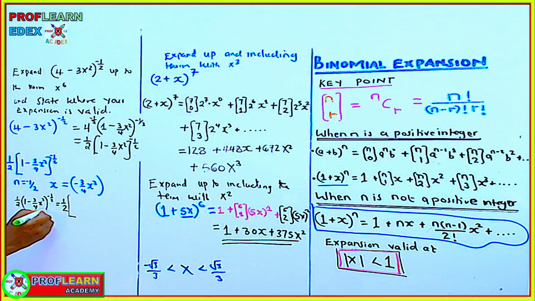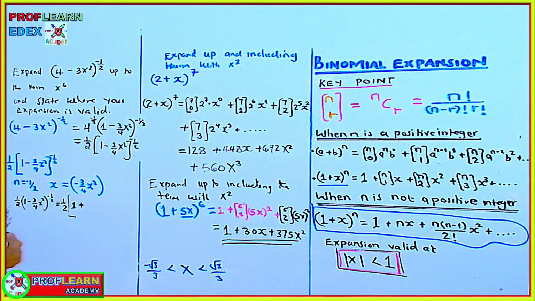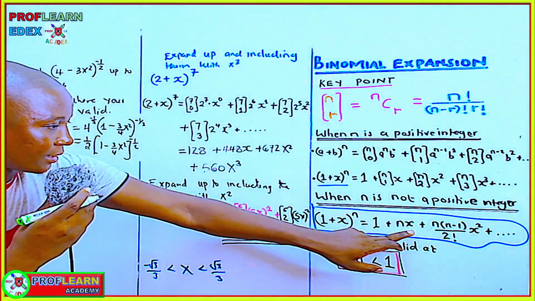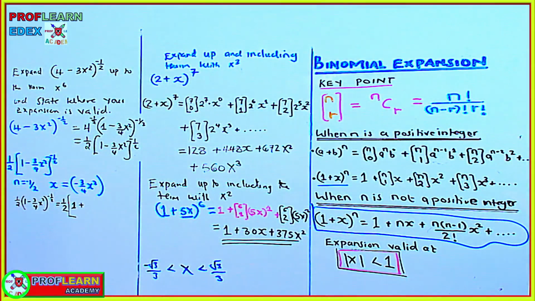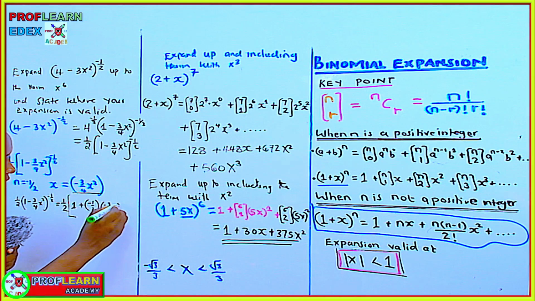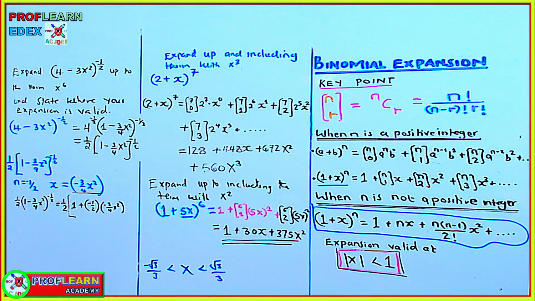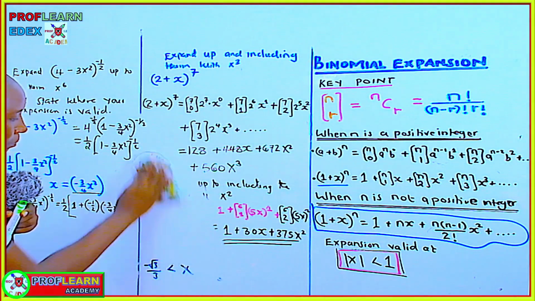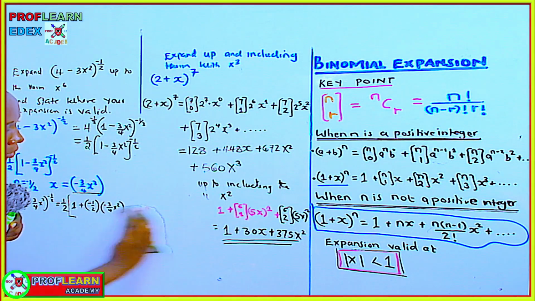So when I'm expanding this, the first term is 1, then plus my next term, nx. My n is -1/2, put in bracket like that, and my x is this term, -3/4 x squared.